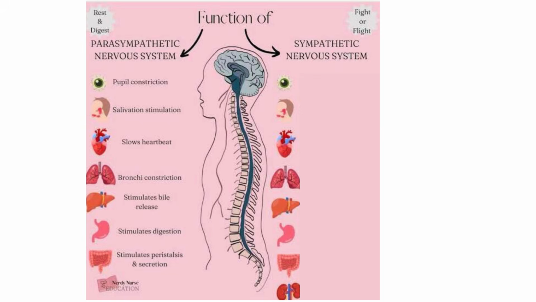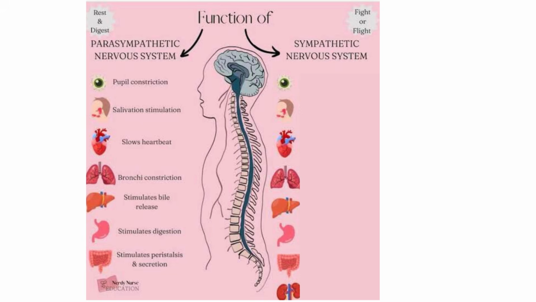Now let's try an exercise here. I have listed the functions of the sympathetic nervous system earlier, and like I said, the parasympathetic nervous system is antagonistic to the sympathetic nervous system. That is, the reverse of all the actions in the sympathetic nervous system take place by the parasympathetic nervous system.